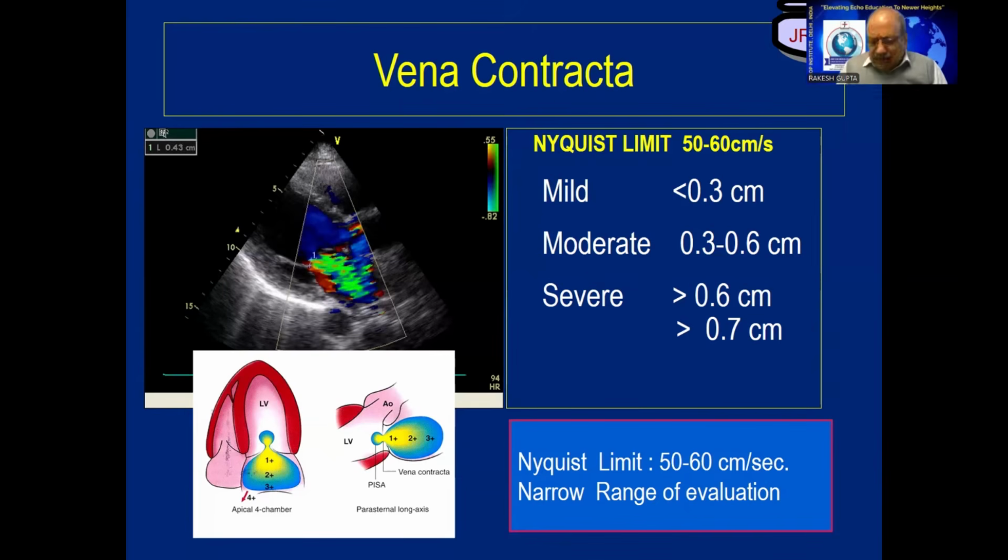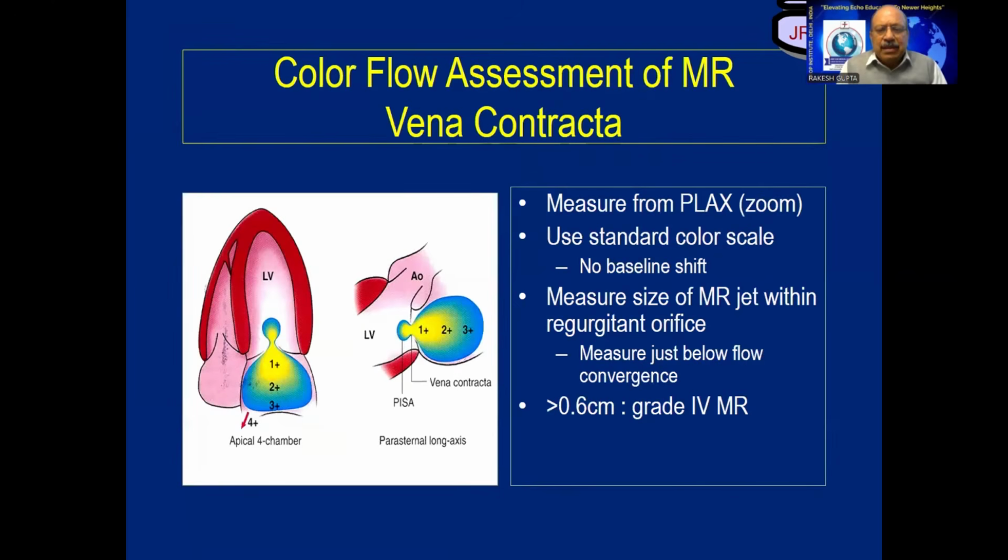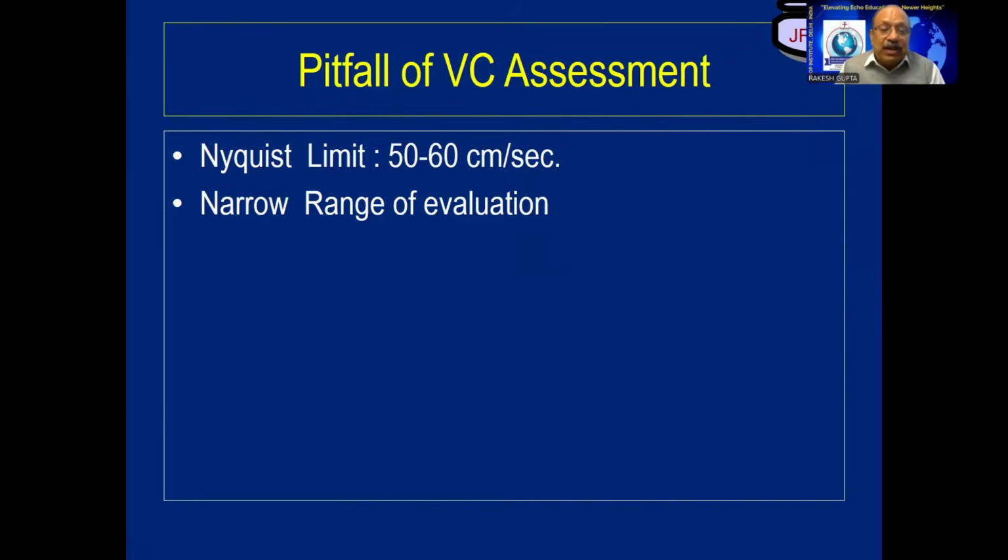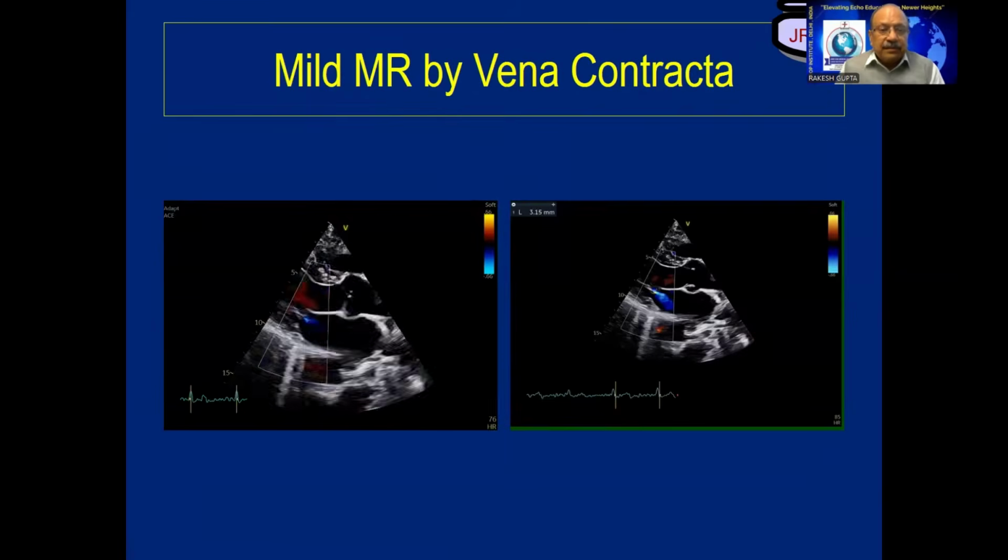A very simple maneuver of evaluating the severity of MR. I've seen many people doing this in the four-chamber view, but in those cases, we are overestimating the vena contracta. It's not that we cannot, but we overestimate the vena contracta.